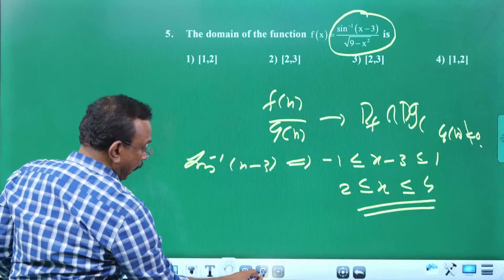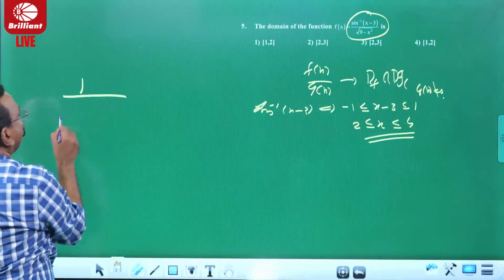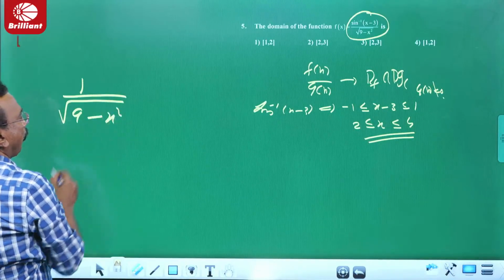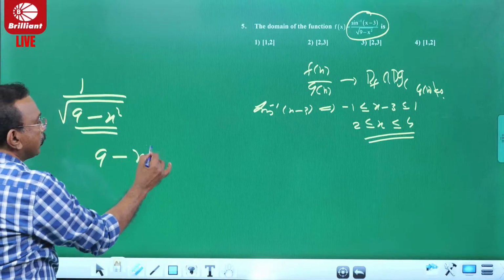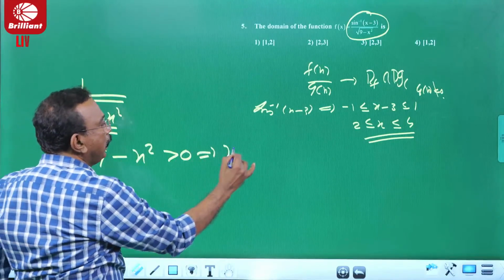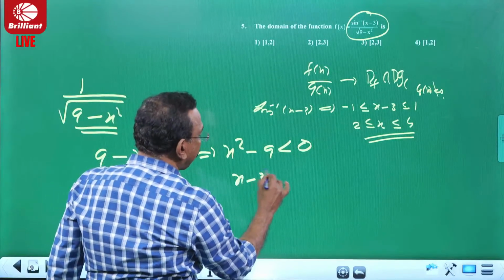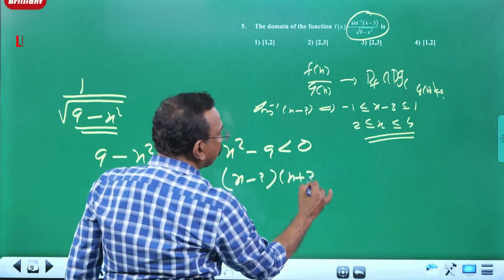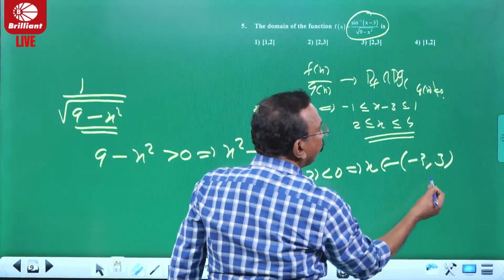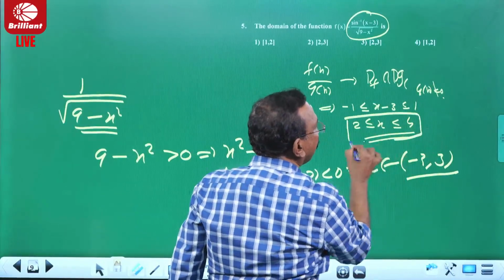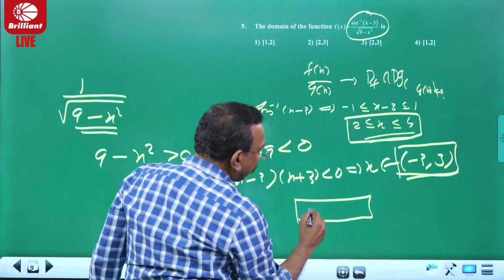And at the same time, we can see there is in the denominator root of 9 minus x square. So that never becomes 0 and this should be positive. So 9 minus x square is greater than 0, which implies x square minus 9 less than 0, or x minus 3 into x plus 3 is less than 0, implies that x belongs to minus 3 comma 3. Now clubbing together, one is 2 to 4 and the other is minus 3 to 3.